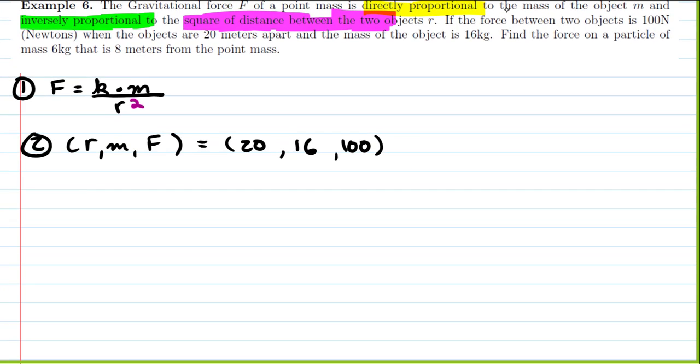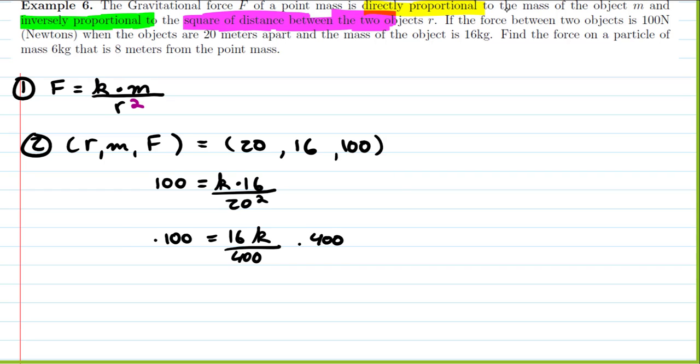We can use these to solve for k. So we plug all of these into our equation. 100 is equal to k times m, which is 16, divided by r, which is 20 squared. That gives us 100 equals 16k over 20 squared, which is 400.